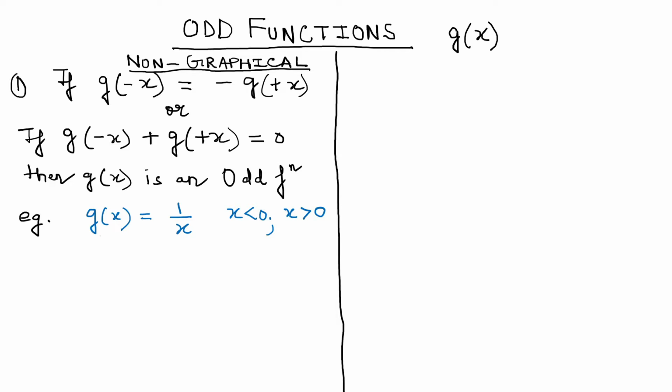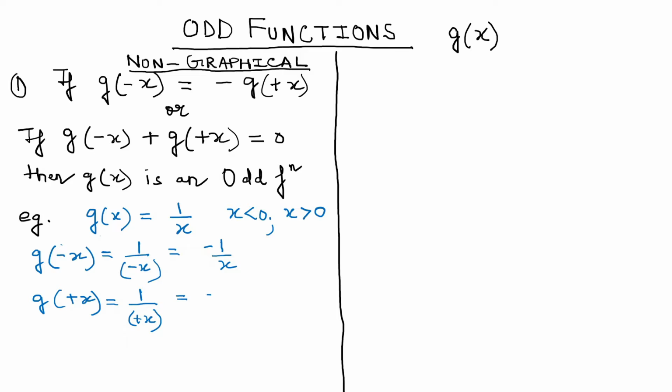So we have specified the domain of this function g of x, which here is 1 by x, and thereafter we are trying to get the value of g of minus x, which is nothing but 1 divided by minus x, which can be written as minus of 1 by x. Analogously, the value of g of plus x is 1 divided by plus x, which results in plus of 1 by x.